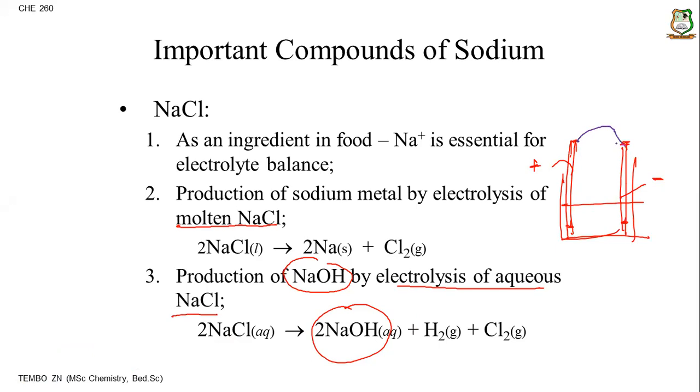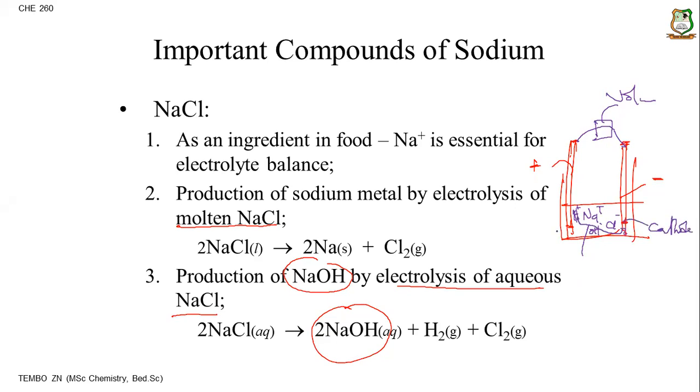So then maybe here you have your voltmeter or battery, and inside there, let's say you have aqueous sodium chloride, meaning that you have sodium ions, chloride ions, hydrogen ions and hydroxide ions. Now, when this circuit is complete, we know that among the positive ions, sodium is less readily reduced, hydrogen is more readily reduced, so it's the one that is going to go to the cathode here.